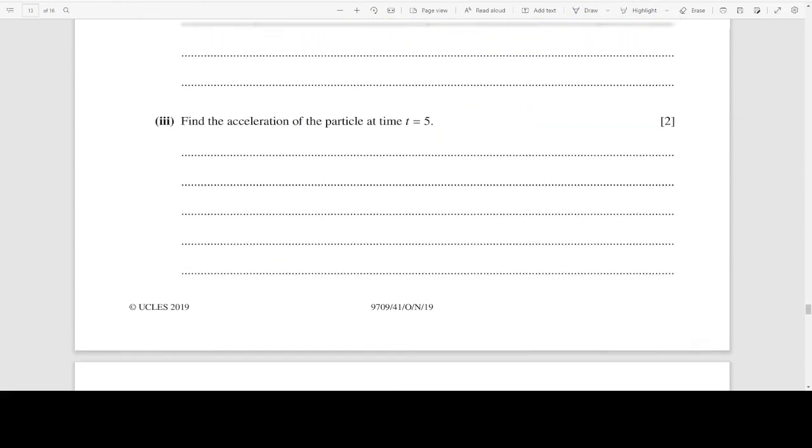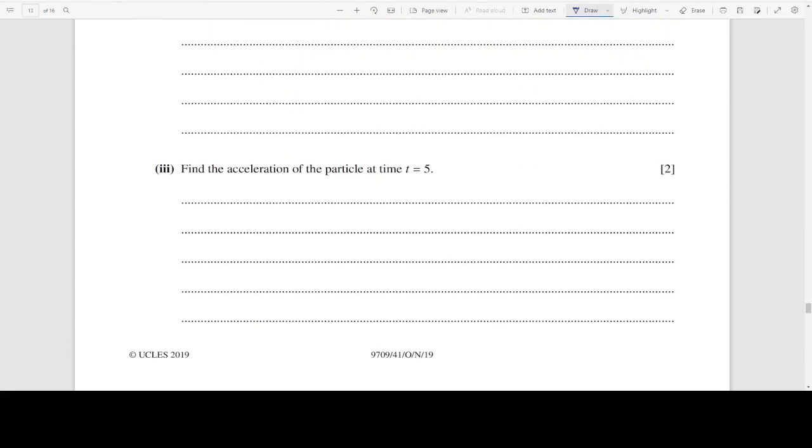Done with this. Find the acceleration of the particle at time t equals 5. We know that the gradient of velocity versus time gives you acceleration.